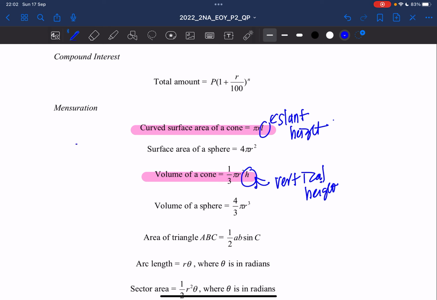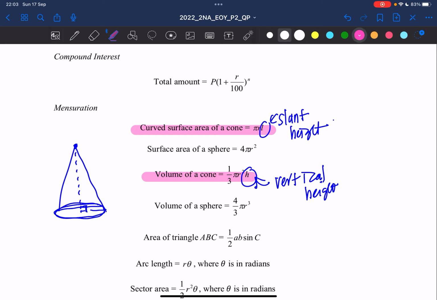So for a cone, let's draw a cone. Now this is my cone. A cone has two heights. Our first height is from the top here to the center of the circle. So this is our height. Now there is also a second height, which looks like this.